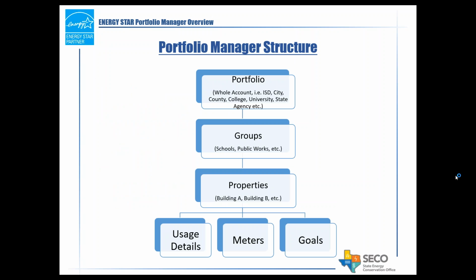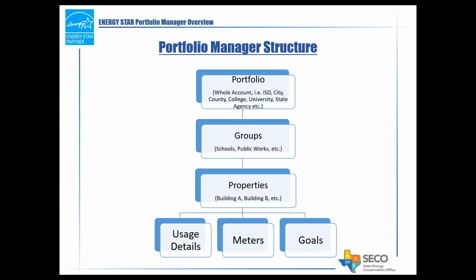So the structure of Portfolio Manager, you have your overall portfolio, and that could be for the city or your school district or your county or whatever your institution may be. And then going down from that portfolio, you have different groups. So for example, if you were a school district, you could have your elementary schools, middle schools, and high schools grouped separately, or any of your administrative or support services buildings grouped separately from all the other facilities.